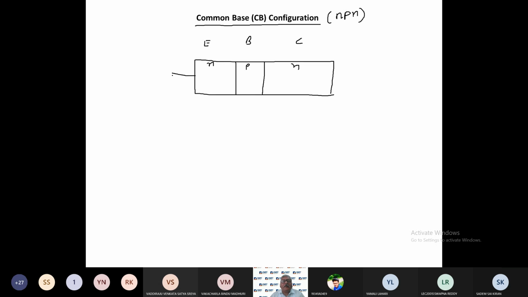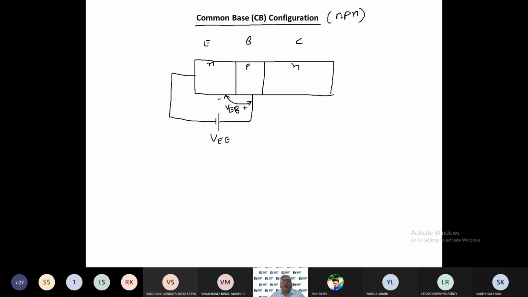So emitter base junction, you make forward bias. You connect one battery and make it forward bias. We name this battery as VEE. You will find a voltage drop across this emitter and base junction, and this voltage we call VEB. This side it is negative and this side it is positive.